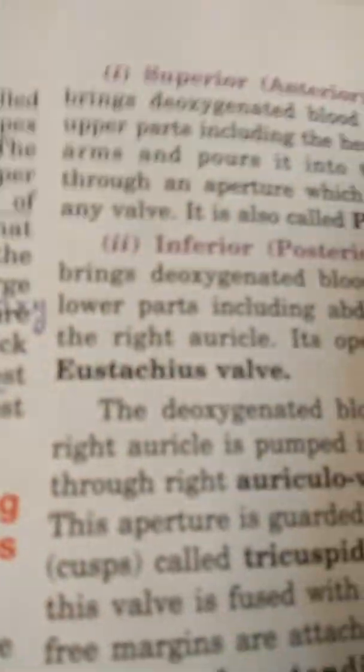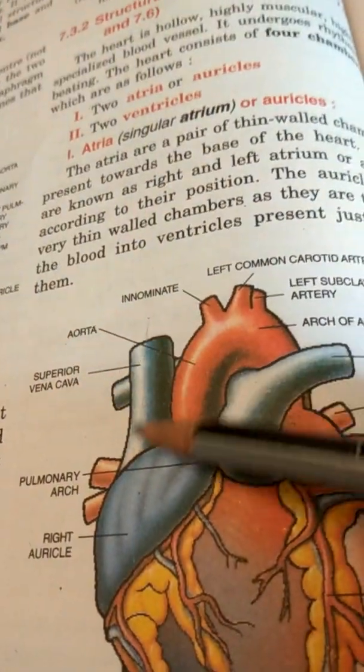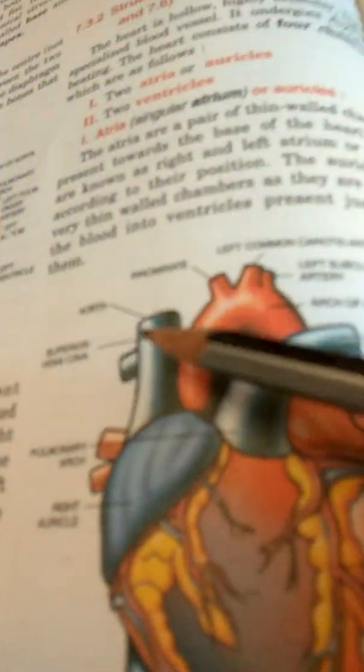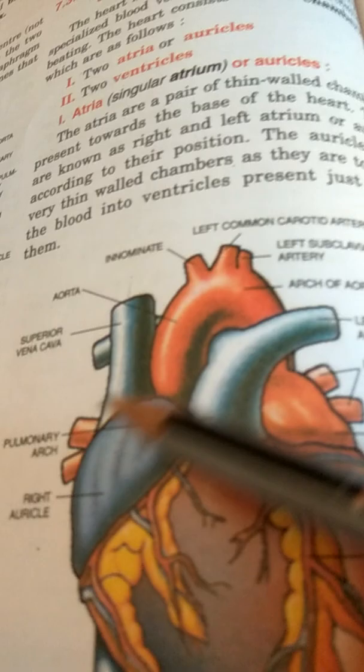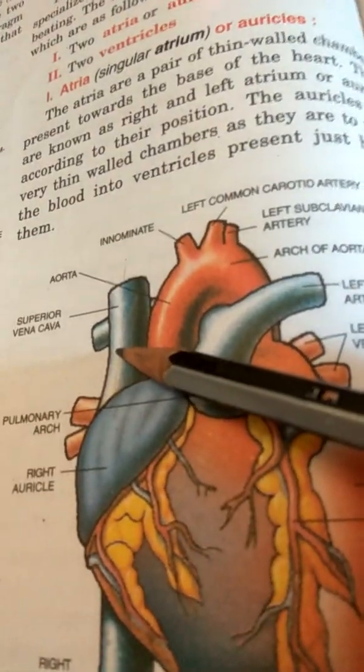And what are those two main blood vessels? The superior or anterior vena cava, this one. Can you see this figure? This is the superior or the anterior, this blue color. Superior or anterior vena cava.